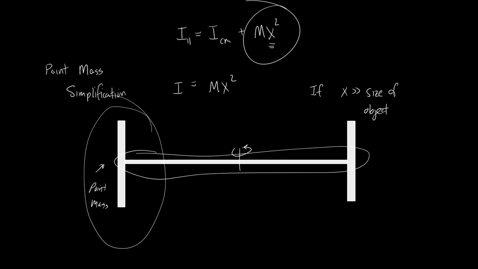Again, that's how we use the parallel axis theorem. It has 2 parts to it: using it to actually shift the axis and using it in the extreme as the point mass formula. Good?